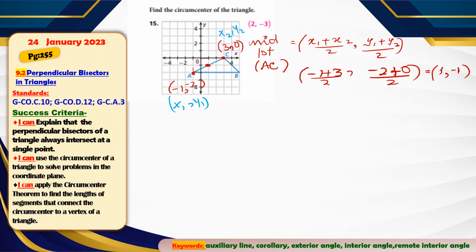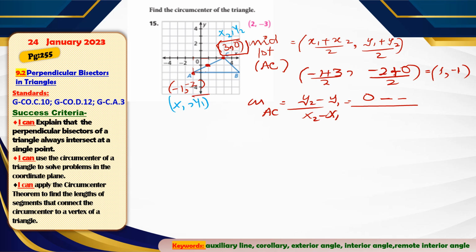Now we will find out the slope of AC. So what is the formula of the slope of AC? It is y2 minus y1 divided by x2 minus x1. So we already know our y2 is 0 from here, and our y1 is -2.